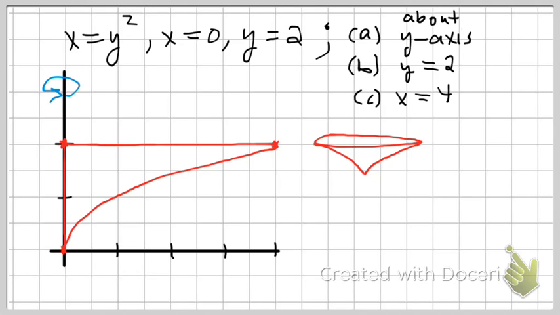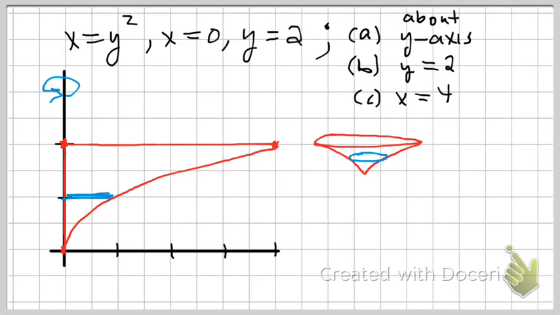You guys agree? How do you want to slice this? If I slice horizontally, my cross sections are going to be discs. Picture that little horizontal sliver. As you spin it around the y-axis, it's going to generate a disc. Do you guys agree?